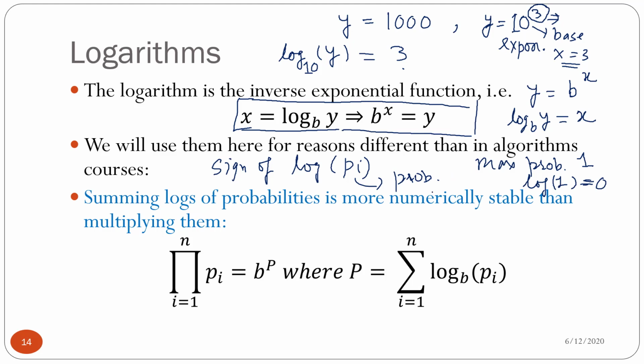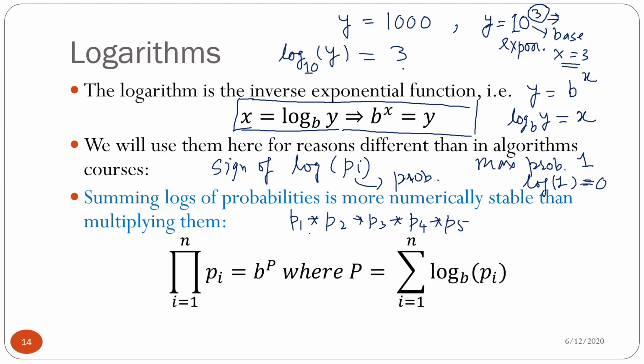Okay, good. Leaving that aside, let's think about the scenario where log really helps when dealing with probabilities. When you're dealing with a lot of probabilities and you're multiplying them, say I have 5 probabilities, p1 multiplied by p2 multiplied by p3 multiplied by p4 multiplied by p5.